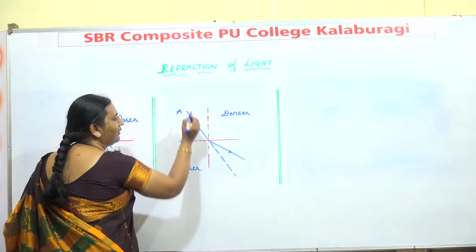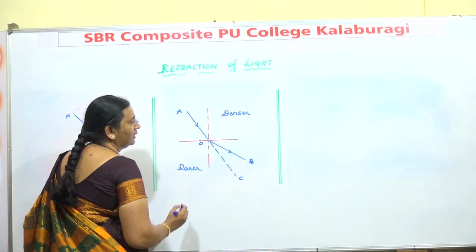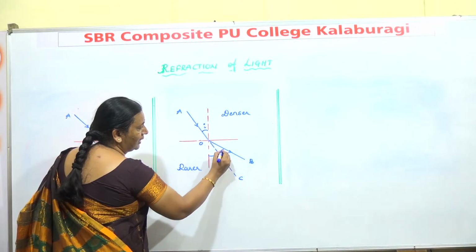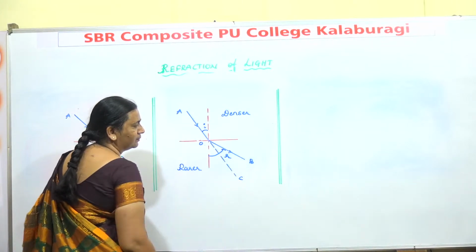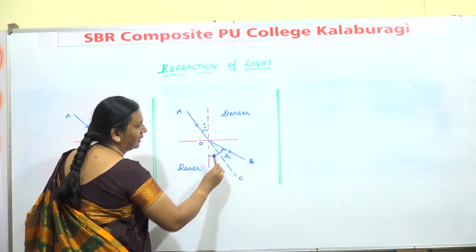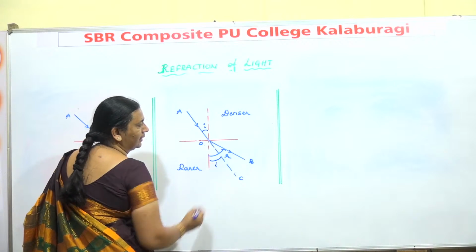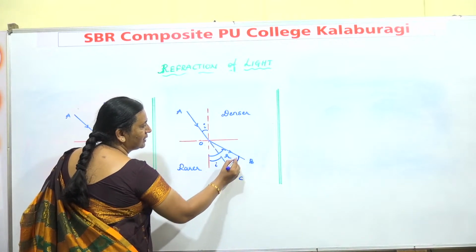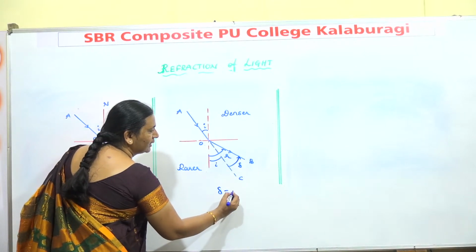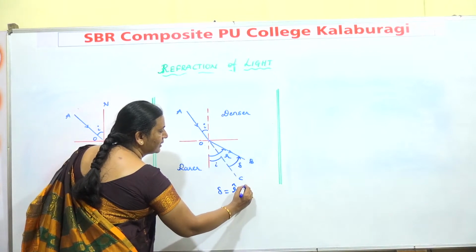So if you take deviation here, this is your angle of incidence, and this becomes your angle of refraction. How much light got deviated? Only this much. The vertically opposite angle is here, this is your I, and the deviation is here. So deviation becomes R minus I.